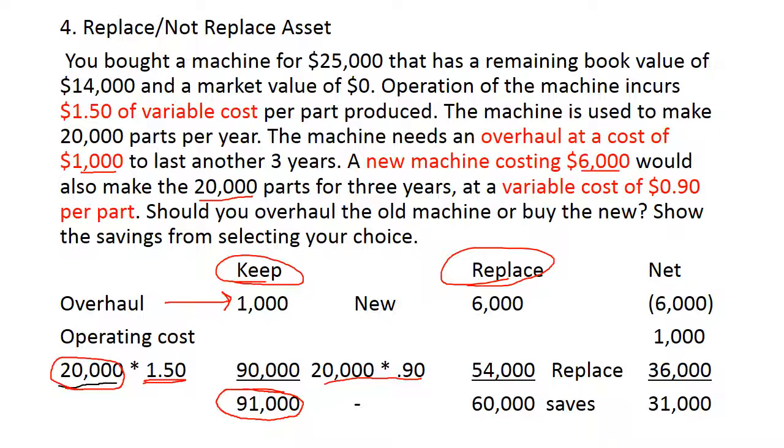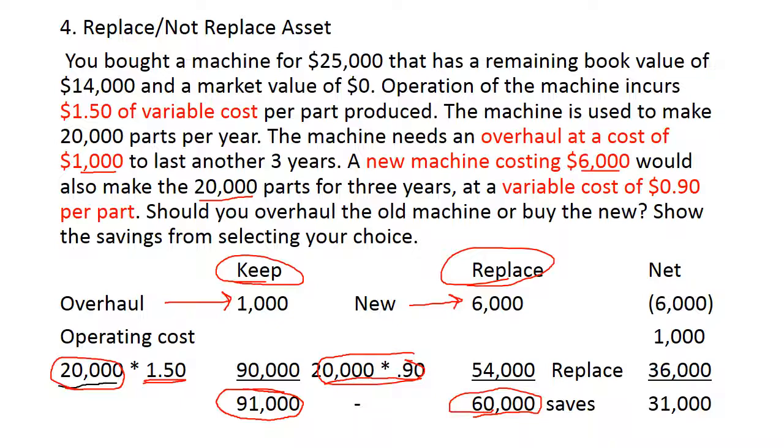In the case where you replace the machine, you're going to spend $6,000 to replace the machine, and it's going to produce 20,000 parts, and the parts will cost you 90 cents per part at a cost of $54,000. So the total cost of replacing the machine is $60,000.